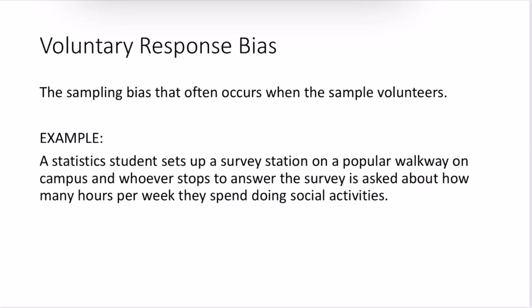And so they're probably going to spend more hours per week doing social activities than the people who just walk by and decide to not answer the survey. Now, obviously, that's not true across the board, but this would be an example of where your results may be biased because of the voluntary response sampling method.